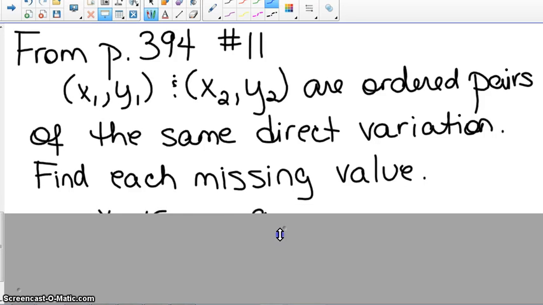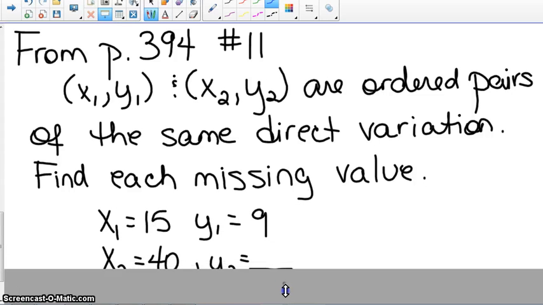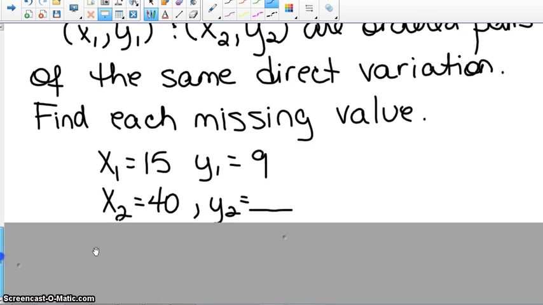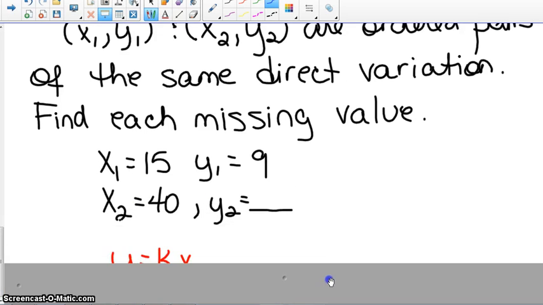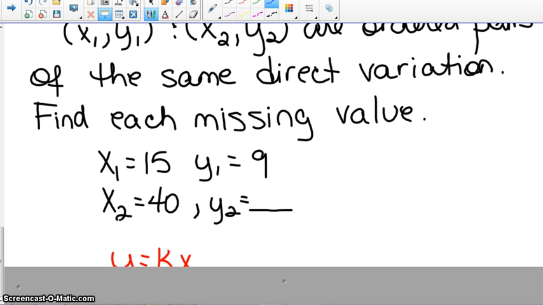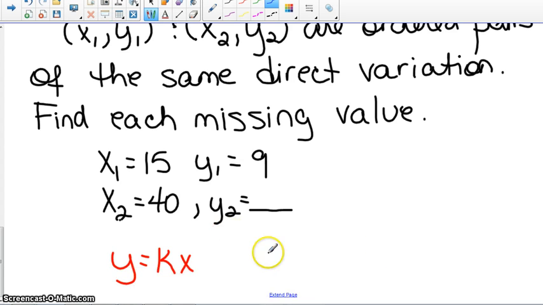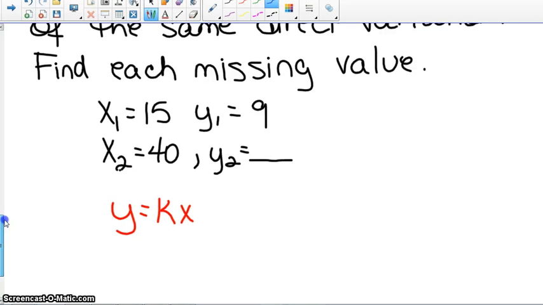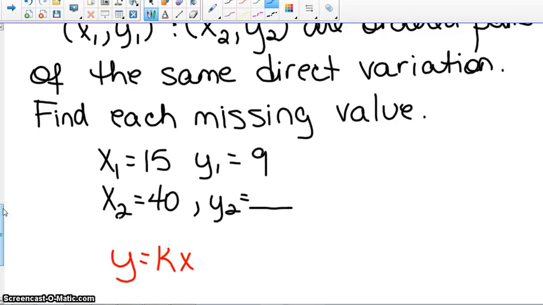So we need to find each missing value in what they have down here. They've given us some examples of some points. We know that both of these have the same K, because that's what it told us in the question.